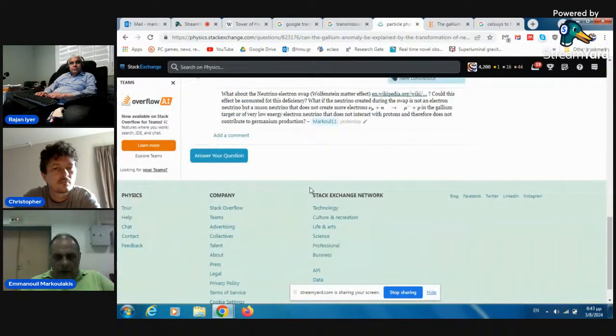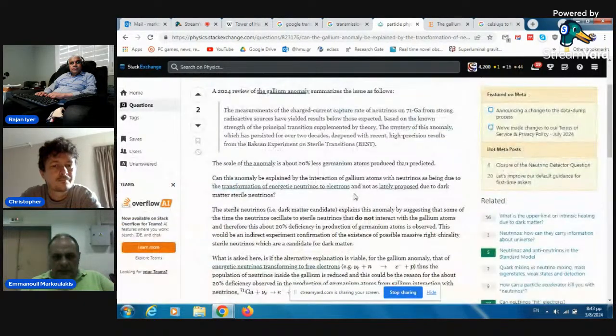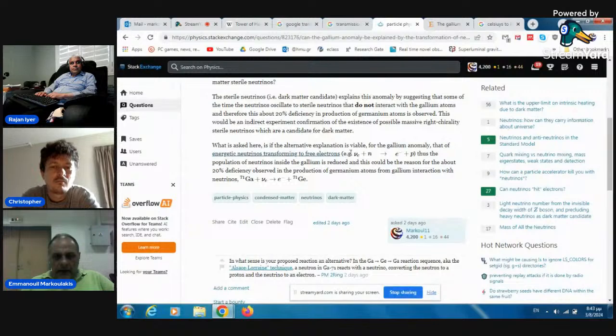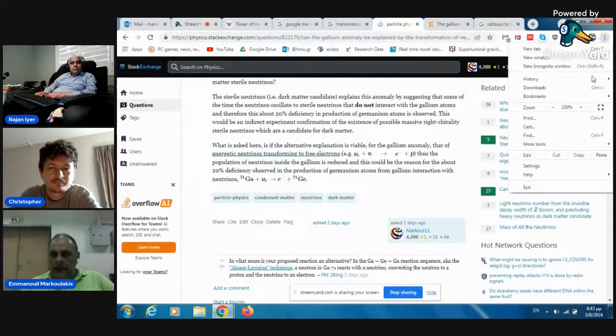So you have here, okay, let's see the reactions. So this is the first reaction here. Can you see? It's 71 gallium. It gets bombarded by, let's make it larger.